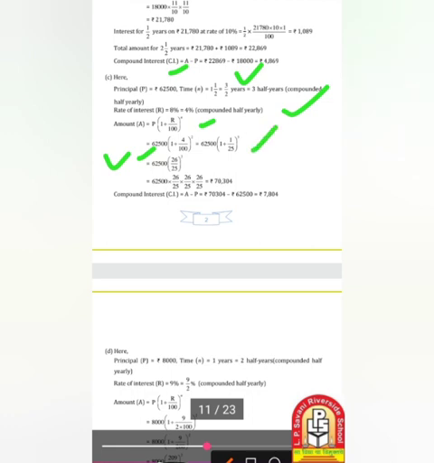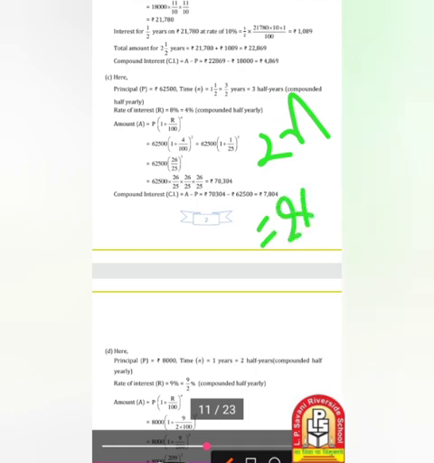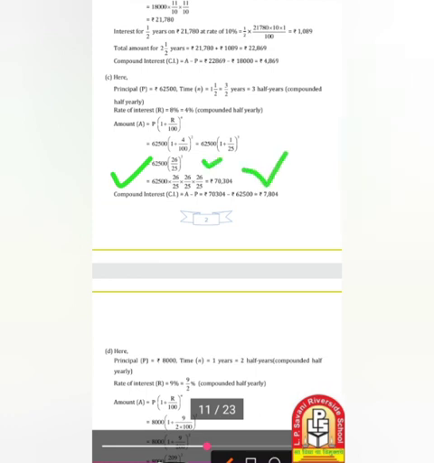Here I take 3 because we know that 2n is equal to 2 into the bracket 3 by 2. Here 2 cancels, so we get 3 in the power. Then 62,500 multiplied by 26 by 25, I have done 3 times, so I got 70,304.